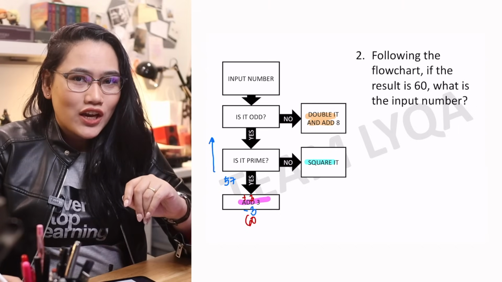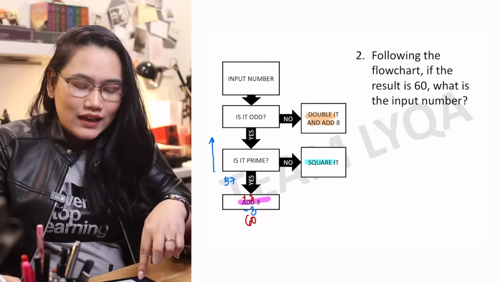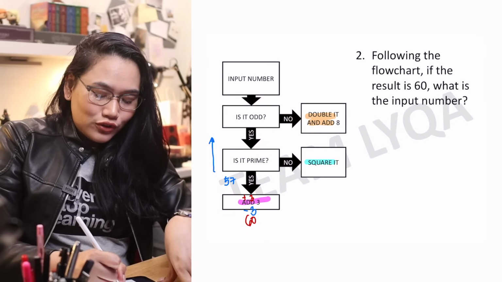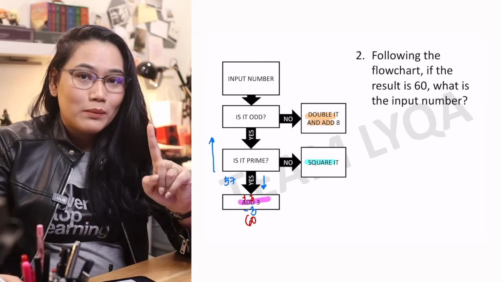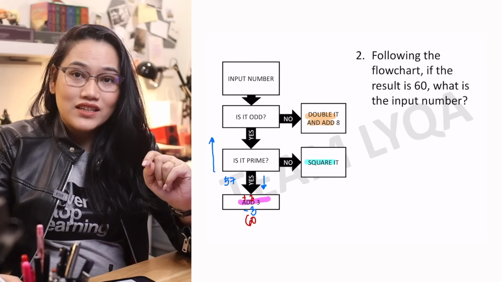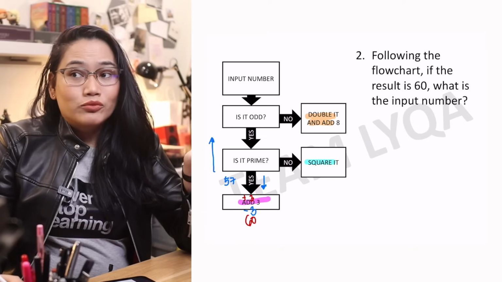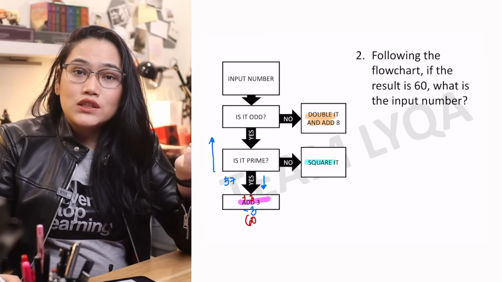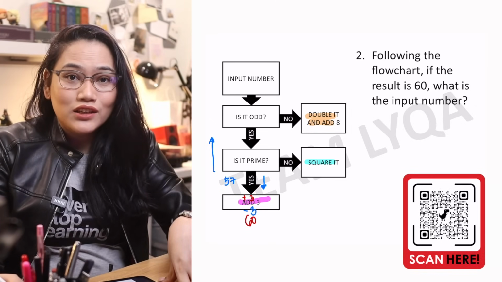So, dito na natin i-check kung ang 57, yung number na pinag-uusapan, prime ba siya? For it to flow down dito sa yes, 57 needed to be a prime number para maging 60 siya. Now, ang 57 ba ay prime number? Well, odd number siya, so hindi siya divisible sa 2. Pero sa 3, di ba meron tayong video on divisibility rules?